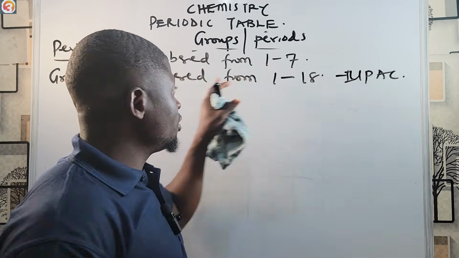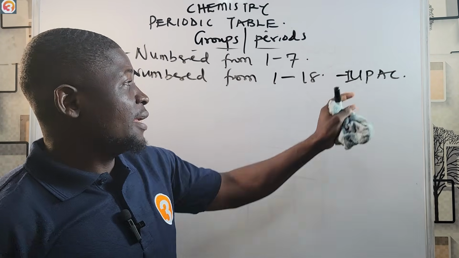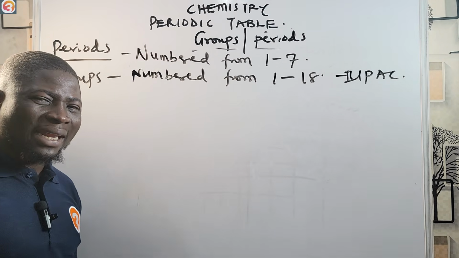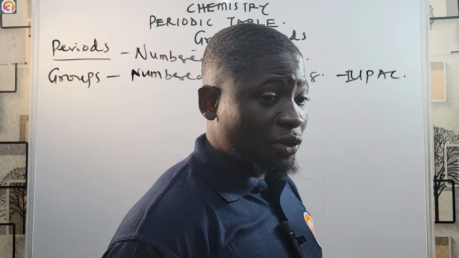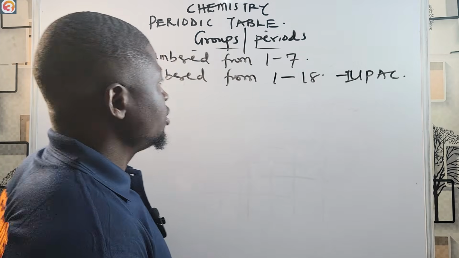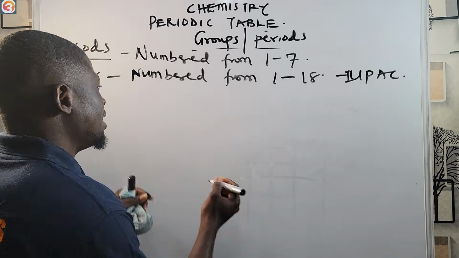The groups are numbered from 1 to 18, and of course this is by IUPAC, the International Union of Pure and Applied Chemistry. Let me write that out.